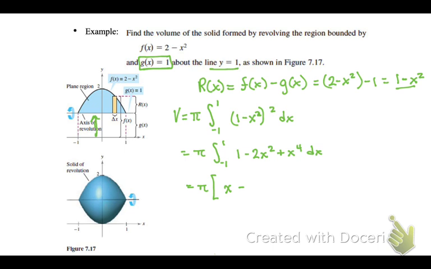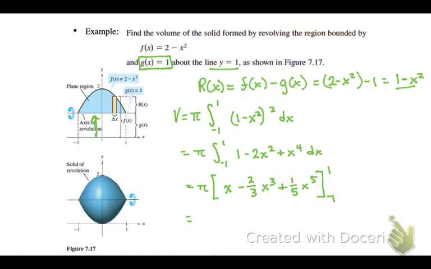It'll be 2 over 3 x to the 3rd plus, so the fourth must be 1/5 x to the 5th. Sorry, I do them backwards. Okay, that's fine.